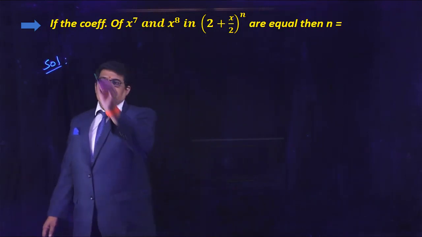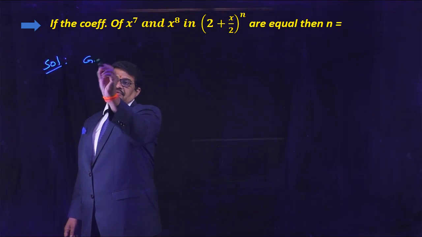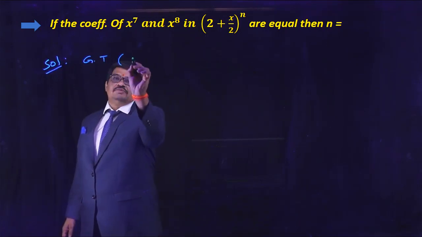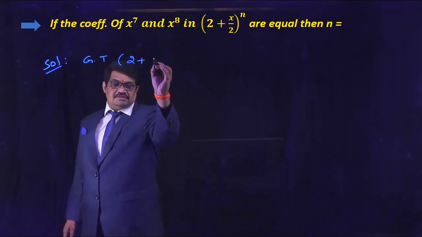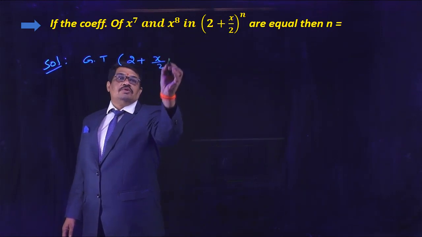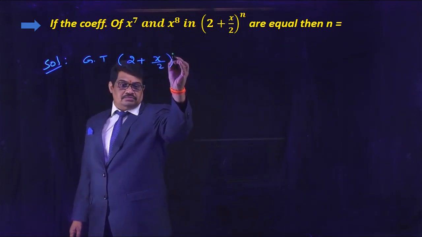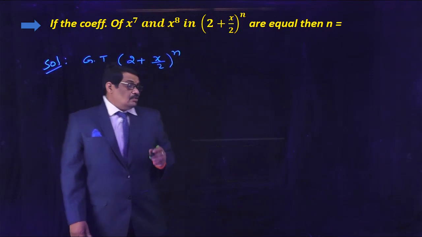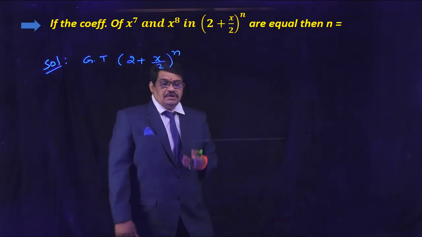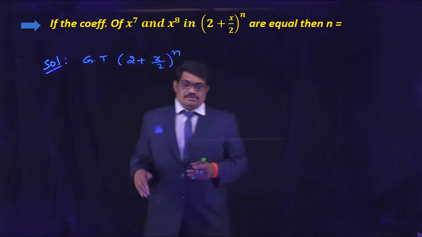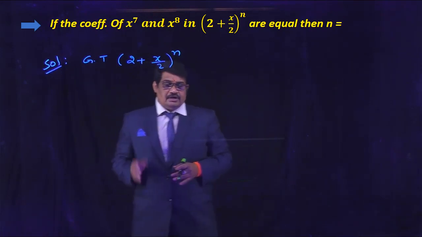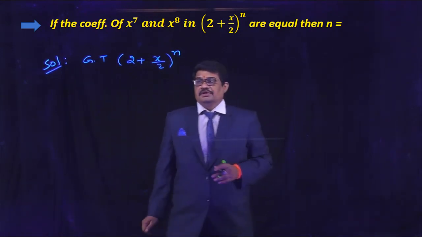The given expression is (2 + x/2) whole to the power of n. In that expansion, the coefficients of x to the power of 7 and x to the power of 8 are equal. That is the given data.